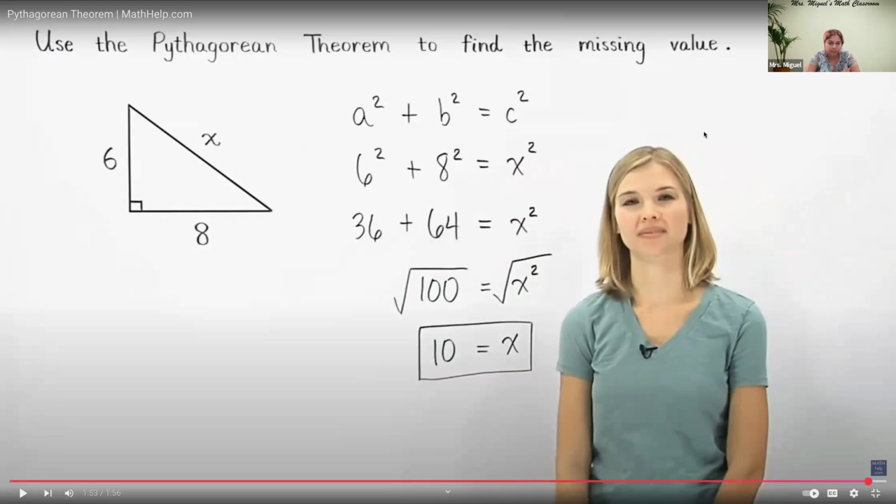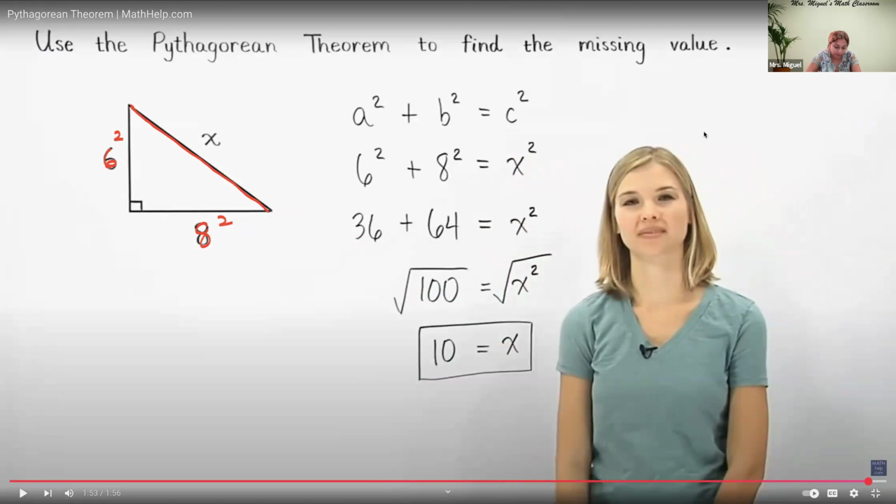Now, let us just observe what she did here. From observation, we recognize that the longest side of the triangle is x. So if the longest side of the triangle is x, she squared 6 and she squared 8 and she added those numbers.